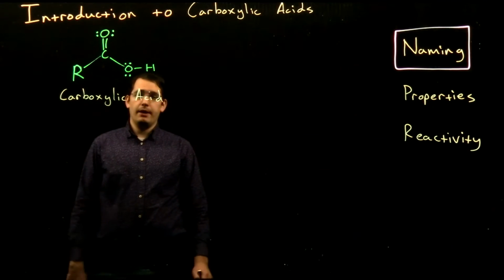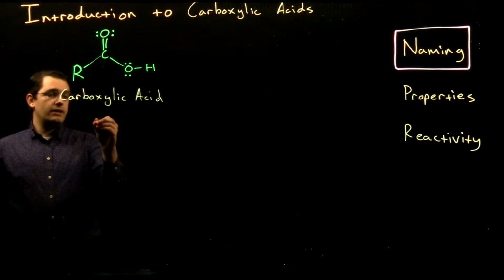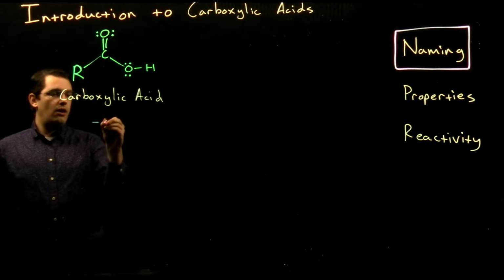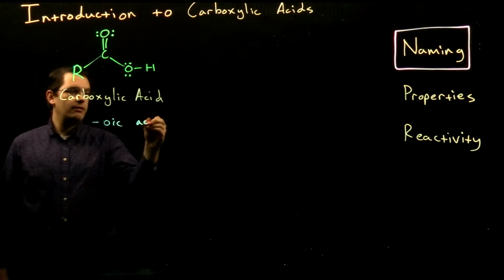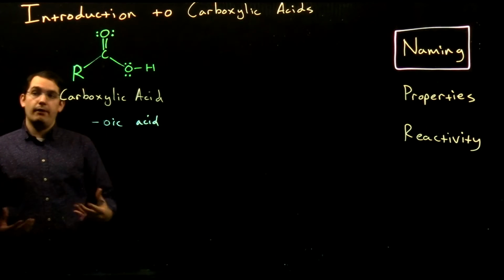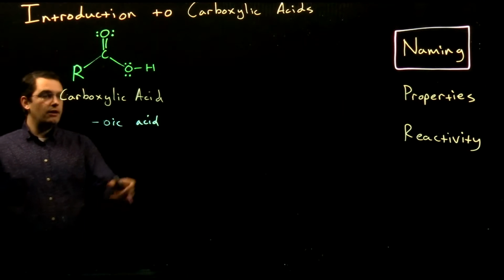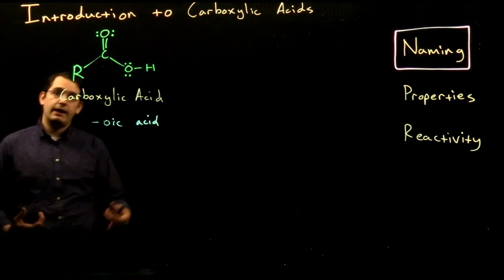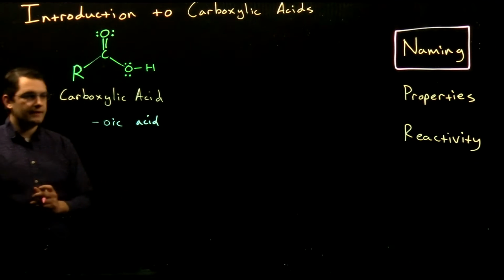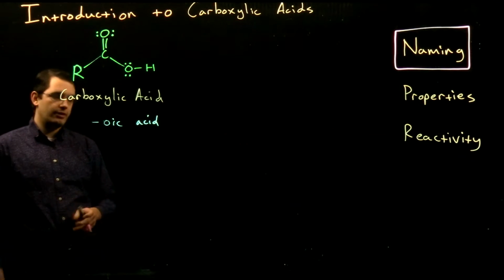Let's begin with naming. Our carboxylic acid uses a suffix of oic acid. So for any compound that will include our carboxylic acid, we'll have that acid at the end indicating the acidic properties of our carboxylic acid functional group.